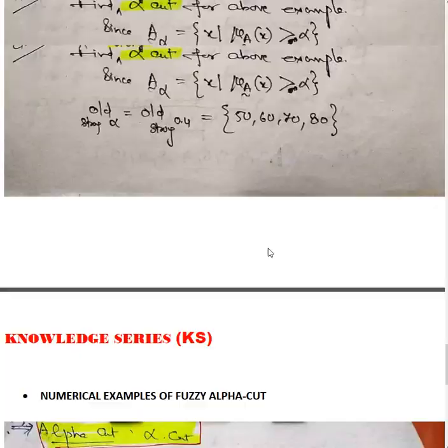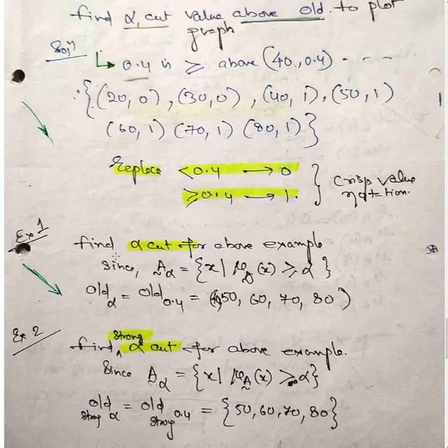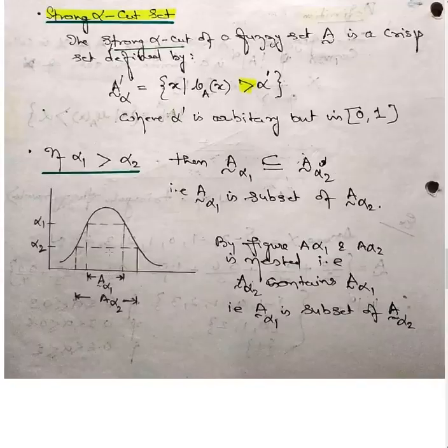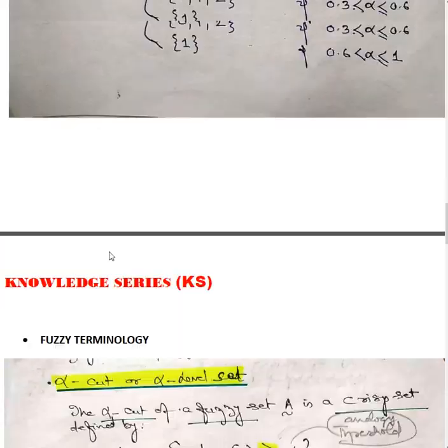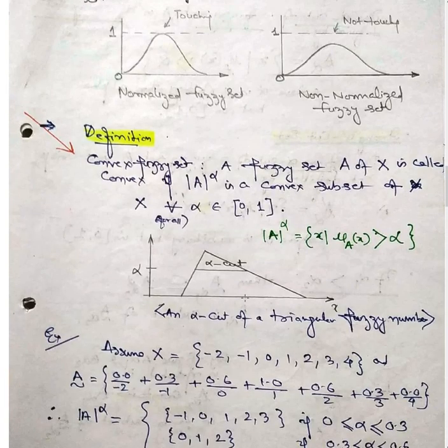So based on this alpha cut, what we came to understand is that when we consider a fuzzy set with alpha belonging to 0 to 1, the alpha cut is nothing but the part of that membership function where x belongs to the universe of discourse such that mu of x is greater than or equal to alpha.